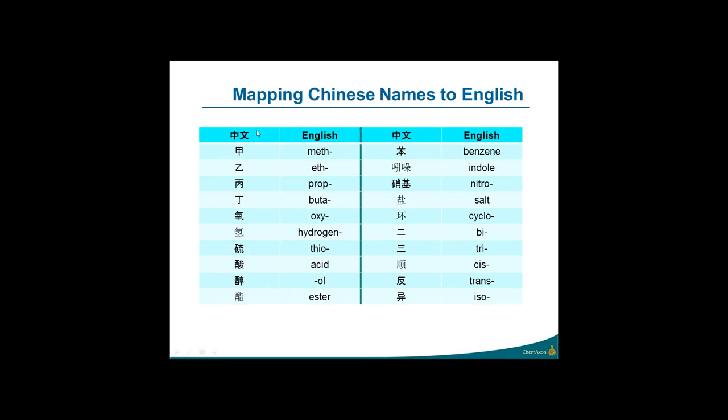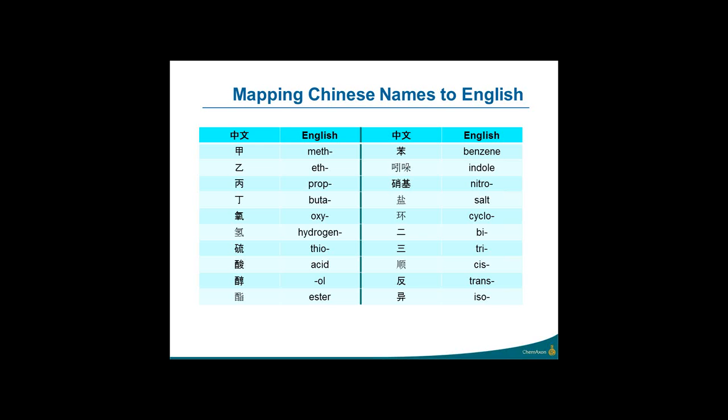Here is a table of some of these conversions we did. So for example, the prefix of meth is jia, and eth is yi, and benzene is ben. Indole is indole. So as long as we have a dictionary of these mapping rules, we can simply look at the Chinese name, find this mapping, and then simply replace them with the English text. Then we have the English name, and then we can simply convert it to a structure.